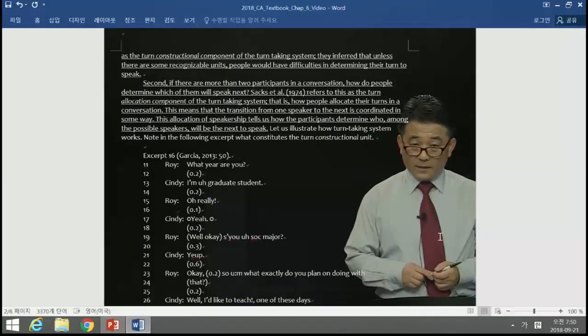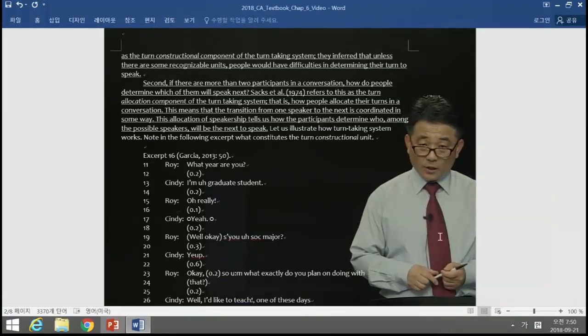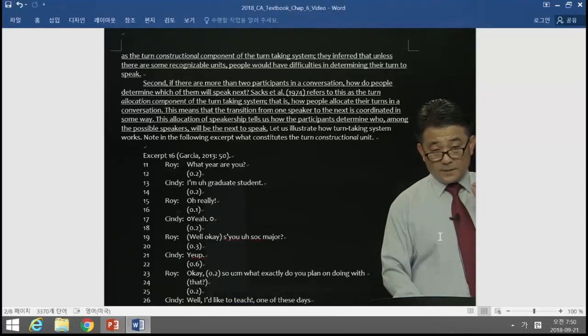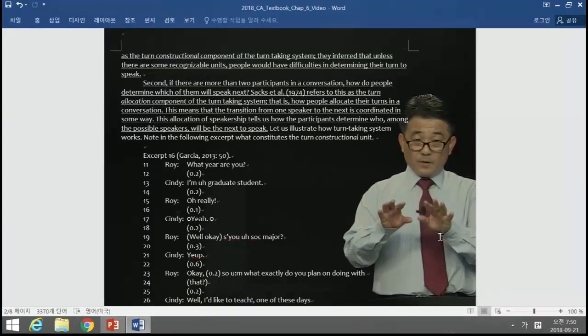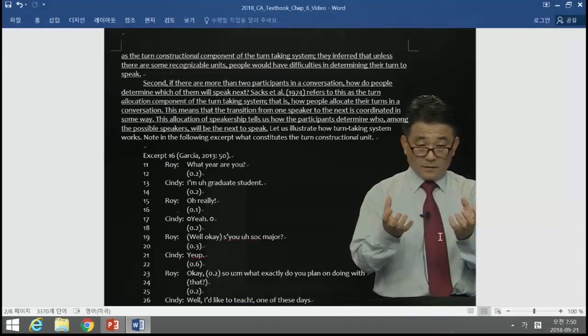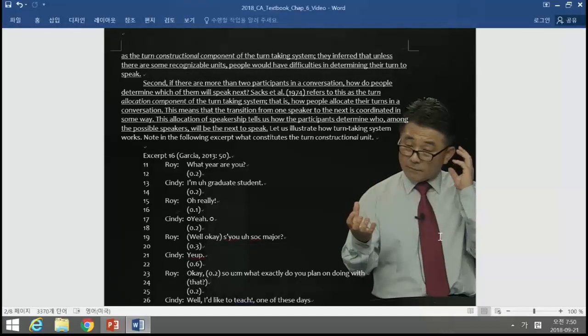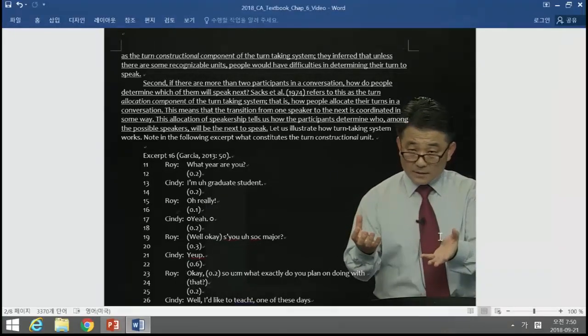They infer that unless there are some recognizable units, people would have difficulties in determining their turn to speak. So Harvey Sacks figured there must be some unit, some component that everybody agrees on.